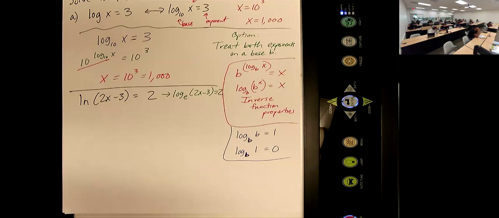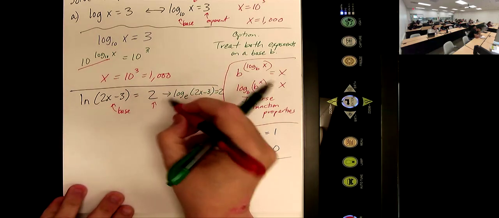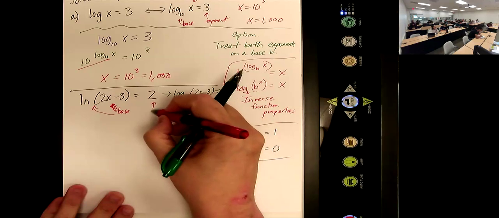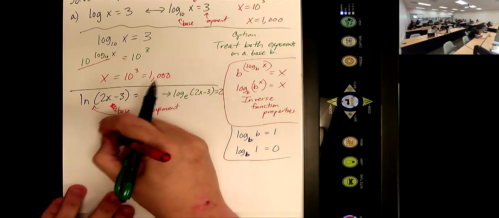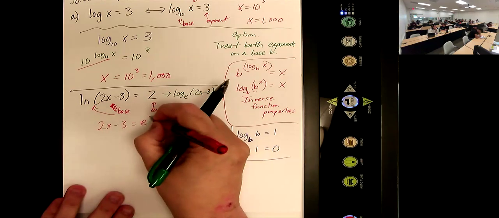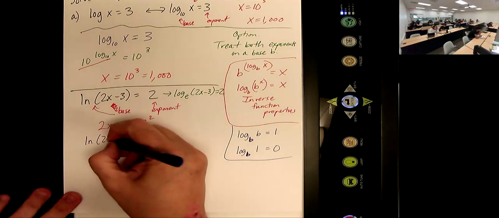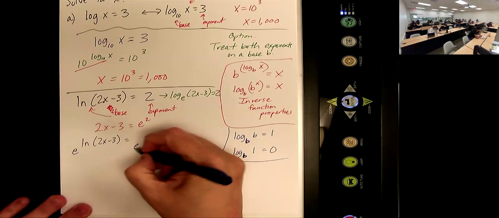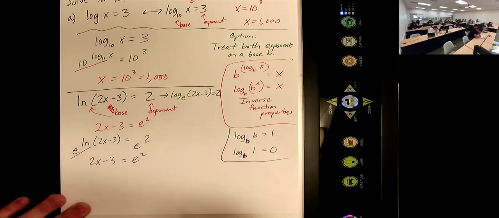We can do what we did before, base and exponent. So 2x minus 3 equals e to the 2. And the other way to get here is treating both sides as exponents of e. e to the ln cancels and you get 2x minus 3 equals e squared. Both of them will get you there.